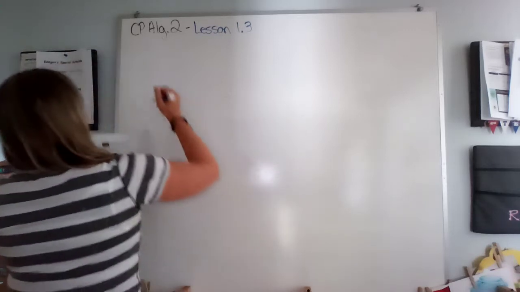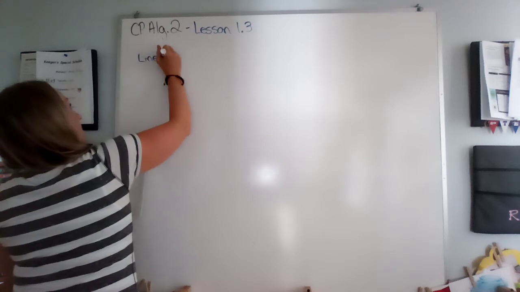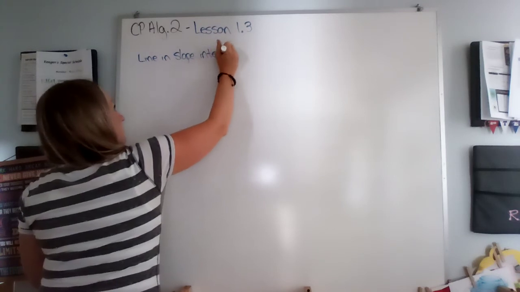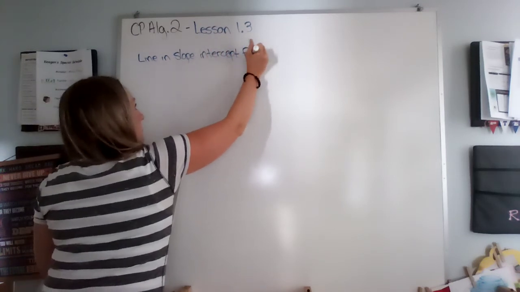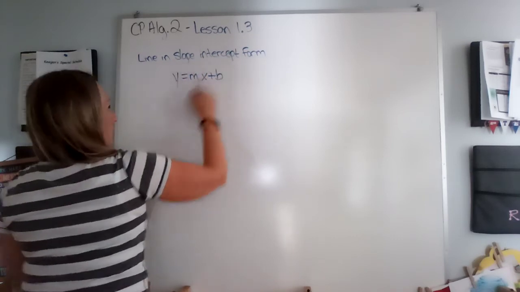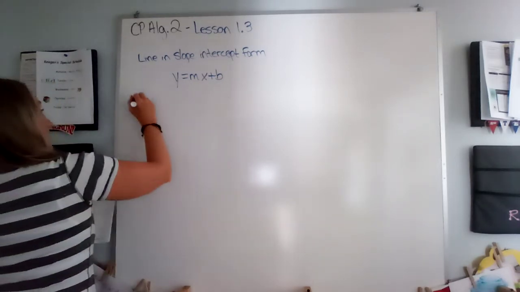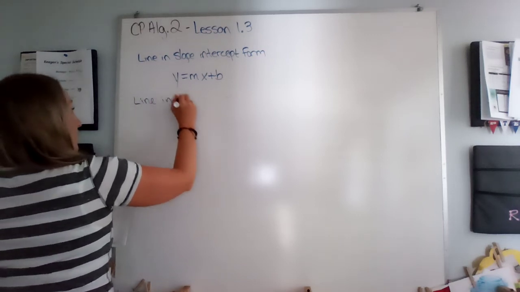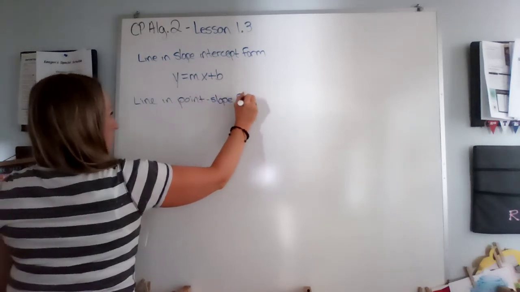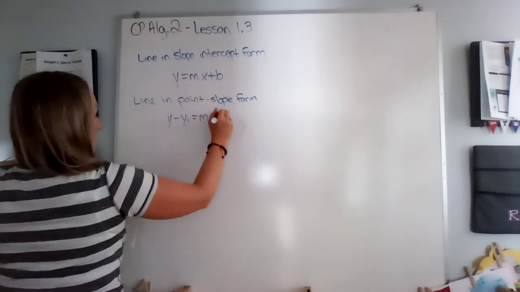If we're writing a line in slope-intercept form, it's y equals mx plus b. Remember, m is your slope, b is your y-intercept. Okay? If we want to write a line in point slope form, it's y minus y1 equals m times the quantity x minus x1.